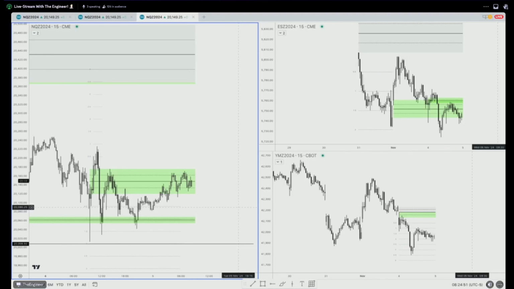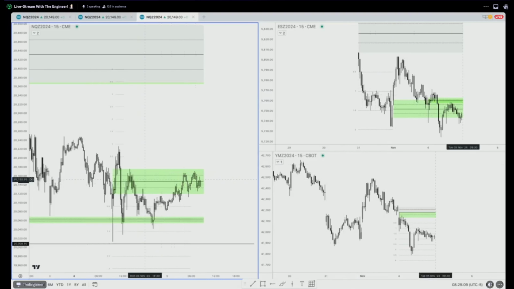Price is moving, you can see, slower, but it's not slower at all, it's just delaying the delivery, and you can get confused and say this is an SMT, but it's not an SMT at all. The way I anticipate this is to see which asset is rebalancing first, the consequent encroachment of the gap.